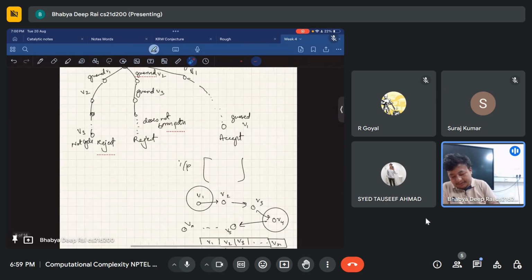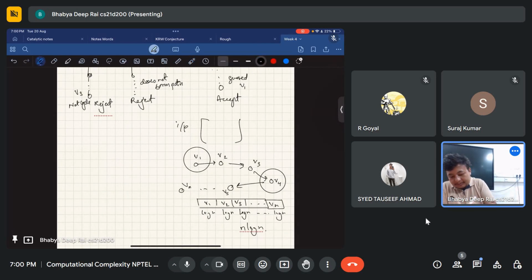Okay, so we need to only remember v1 and vi minus 1 and vi at any point i. Only these three vertices.